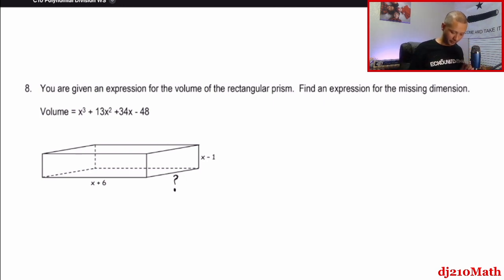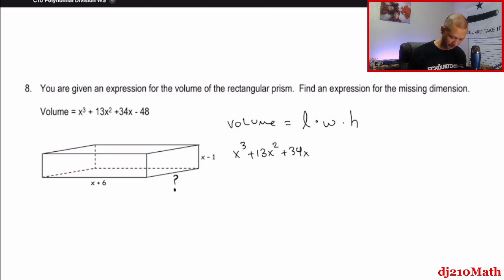So volume is equal to length times width times height. Okay, substituting the given information for volume: x cubed plus 13x squared plus 34x minus 48. All right, that's the volume.